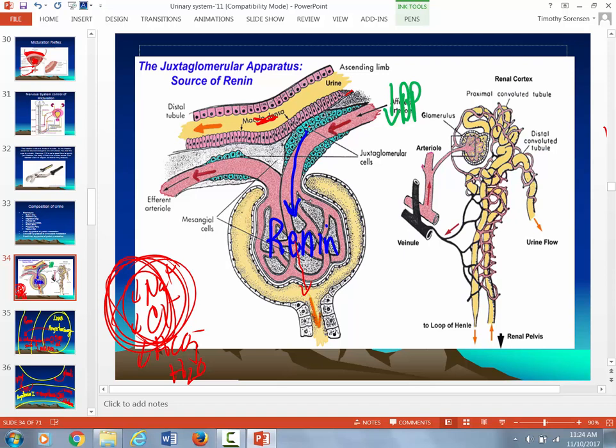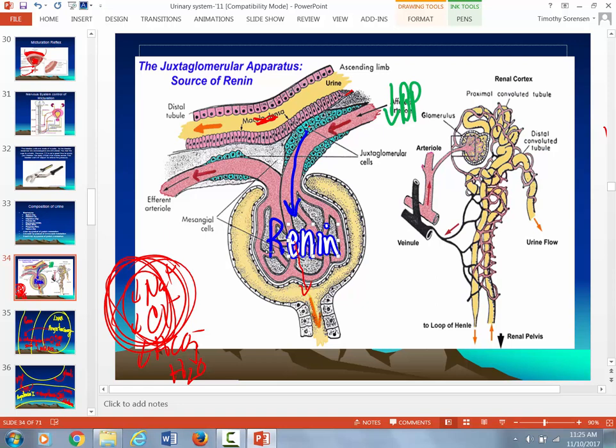That's the renin-angiotensin. So renin helps raise your blood pressure. Yes, it does. And guys, the body does stuff that makes sense.